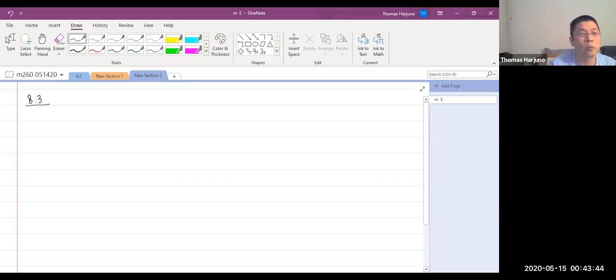I call them group 4, that is product to sum formulas. And later on in group 5, we have the sum to product formulas.